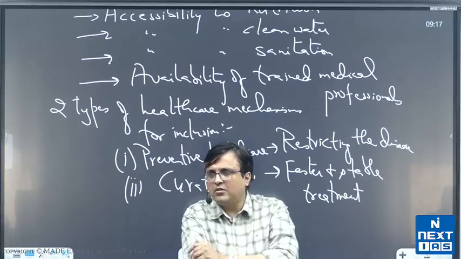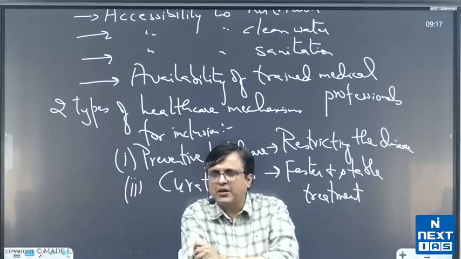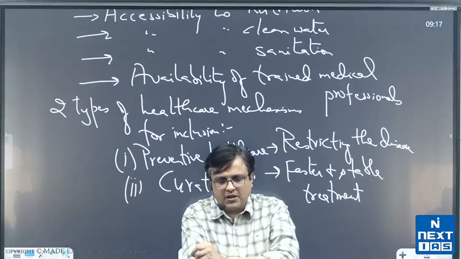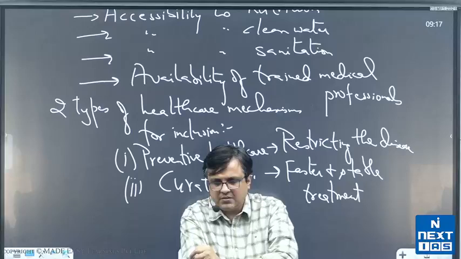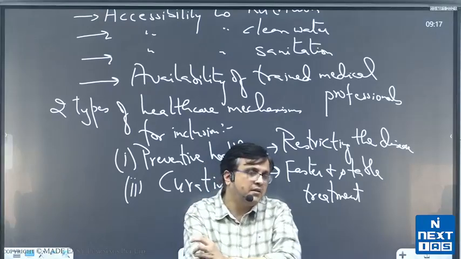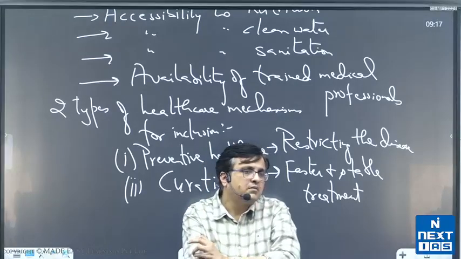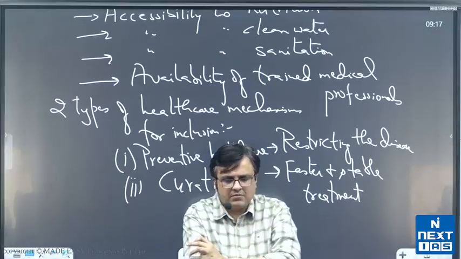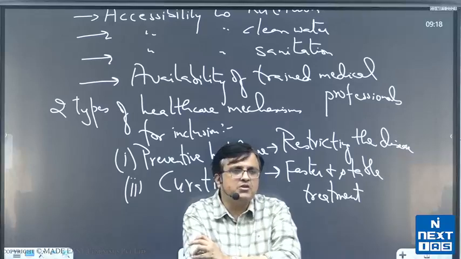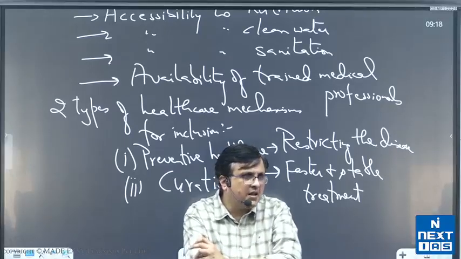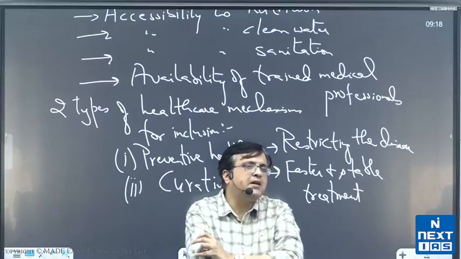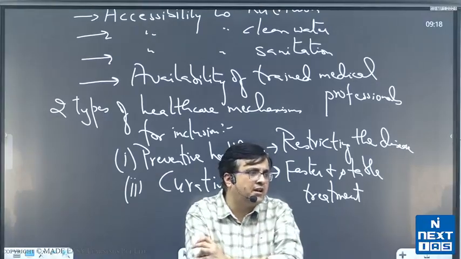Therefore, it should be accompanied by green GDP, comma, HDI is Human Development Index, HDI, comma, MDPI is Multi-Dimensional Poverty Index.